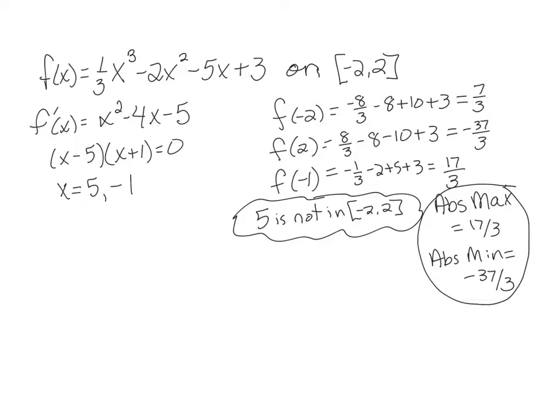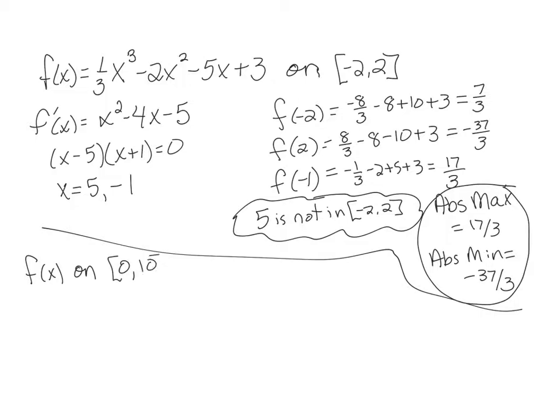All right, let's try the same problem on a different interval. Same f of x, but on the interval 0 to 10. So we need our y values. We know our critical numbers, those didn't change. Notice that -1 is not on that interval.